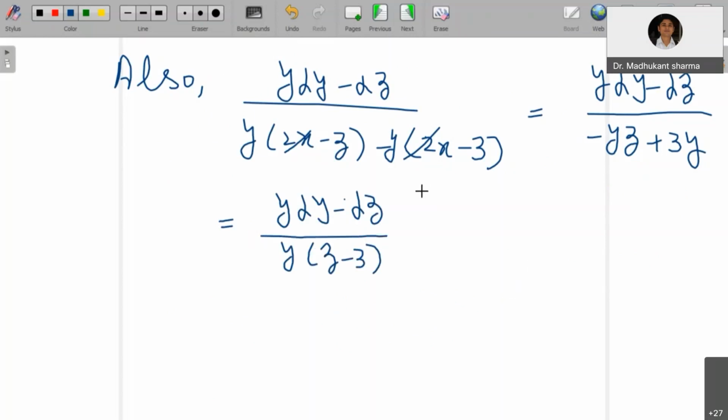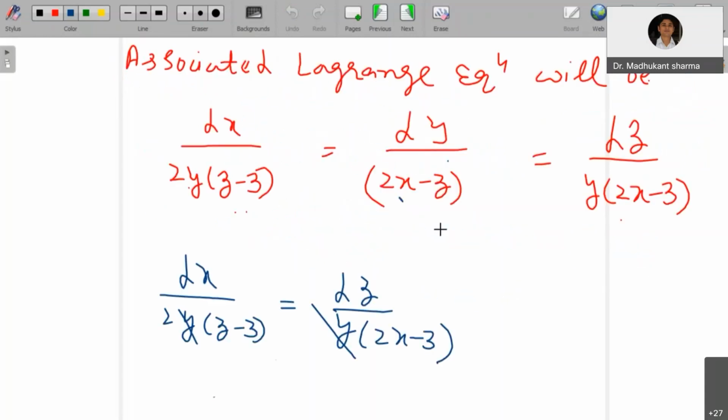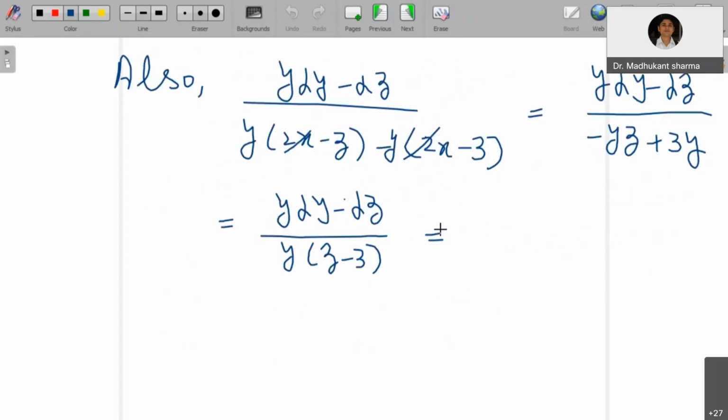Now, what is dx? So dx is dx divided by 2y times z minus 3. So this must be equal to dx divided by 2y times z minus 3. So z minus 3 will get cancelled. Y will also get cancelled. And these two pairs you can solve.